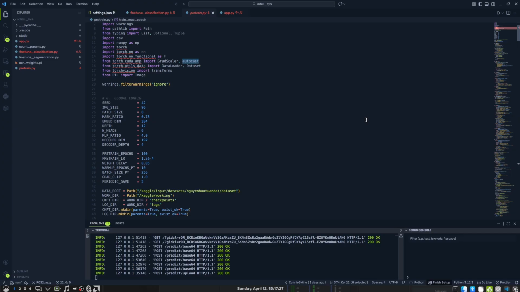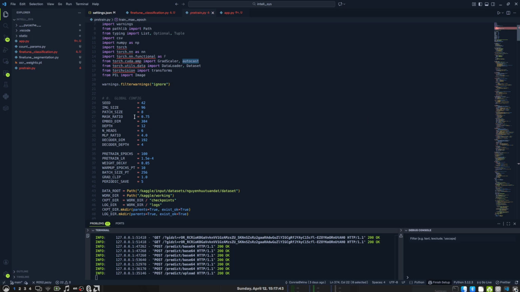data. I want to experiment with self-supervised learning, where you don't have data labels, and what I'm using is a masked autoencoder.